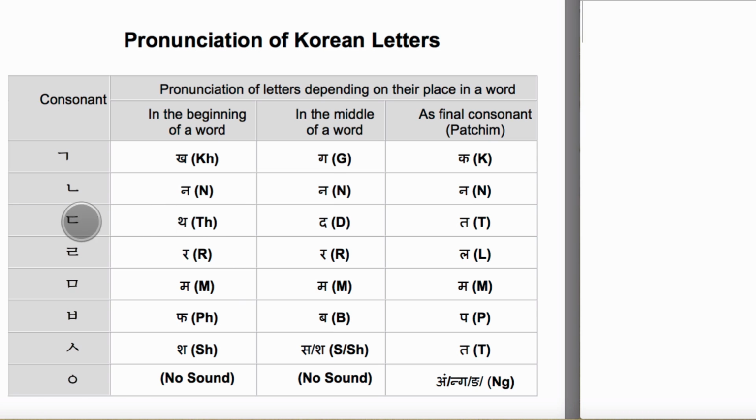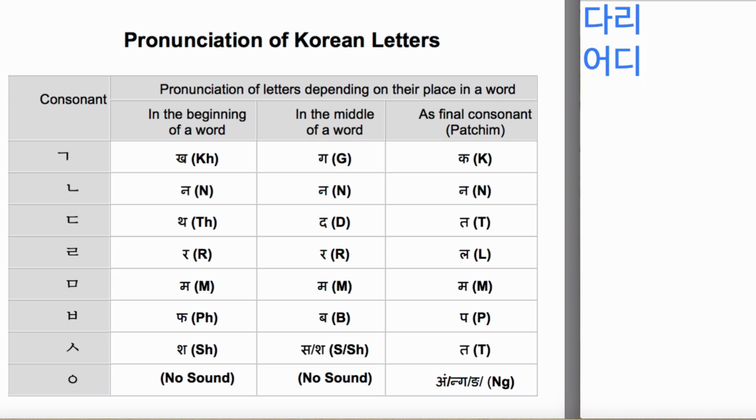The pronunciation of Thigat when it appears in the beginning of a word is Th, and it is D when it appears anywhere else in the word, and T when it appears as a Pachim consonant. So let's take some words like Thari, Thari, and then we have Odi. So here it becomes D, not Th, Odi.